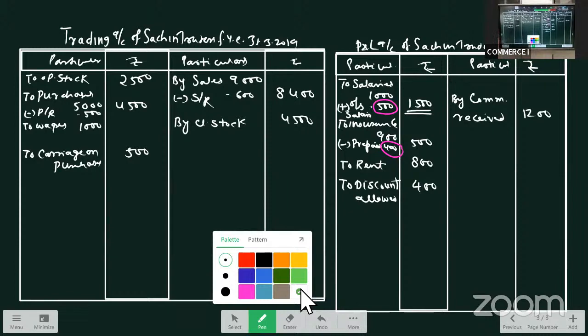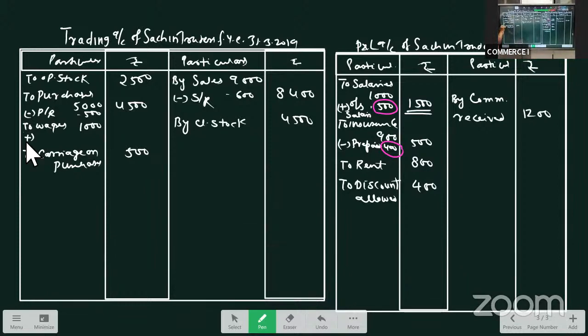Then outstanding wages. The date is gone. We have not paid wages to the labor. So it is a liability. We add outstanding wages. What is the amount? 300. So here we'll take total 1300.